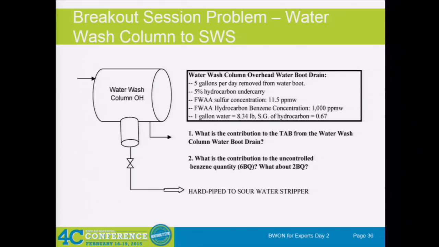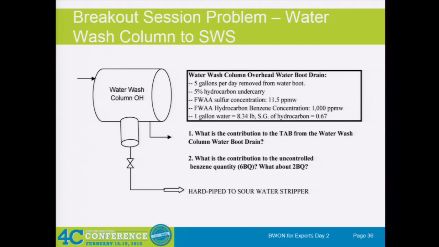Okay, so we have another one. Here, with what's being passed out, we have a water wash column overhead. For this one, we have 5 gallons per day removed from the water boot. And we have 5% hydrocarbon carry-under. For this one, that 5% is 5% of the 5 gallons.